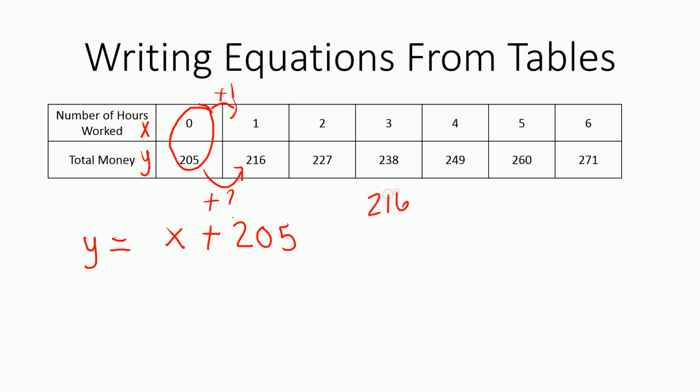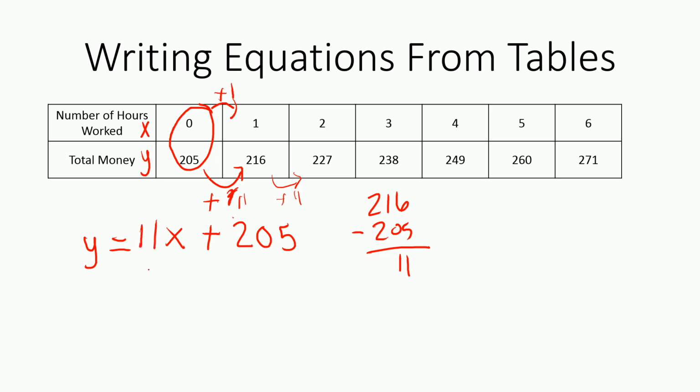So I go 216 minus 205. And it turns out that is 11. And I'm hoping, just do a real quick check to make sure that this is also plus 11, and it is, and plus 11, plus 11. So you just want to make sure that it's a constant rate of change, because it should be.